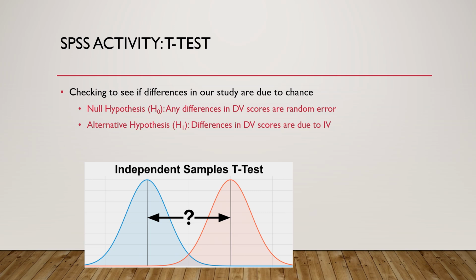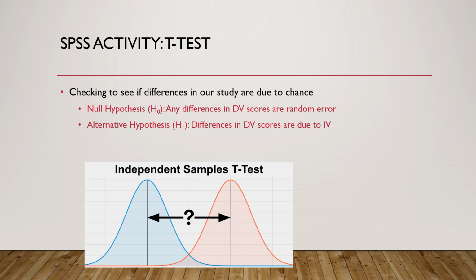When you are doing a t-test, you are checking to see if the differences in the study are due to chance, that you're finding some difference between the means of your blue group and your orange group, and you're testing against the null or the alternative hypothesis, that H0 or the H1. The null hypothesis in any study is that any differences in the DV scores are just due to random error.